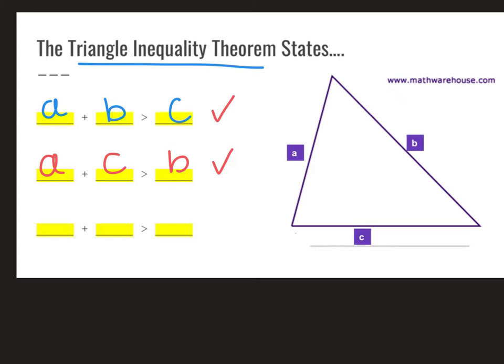And then finally, we need to see if side length B plus side length C is greater than side length A. And if all 3 of those are true, then yes, this passes the triangle inequality theorem. Basically, that just means that those 3 side lengths will be a true triangle.